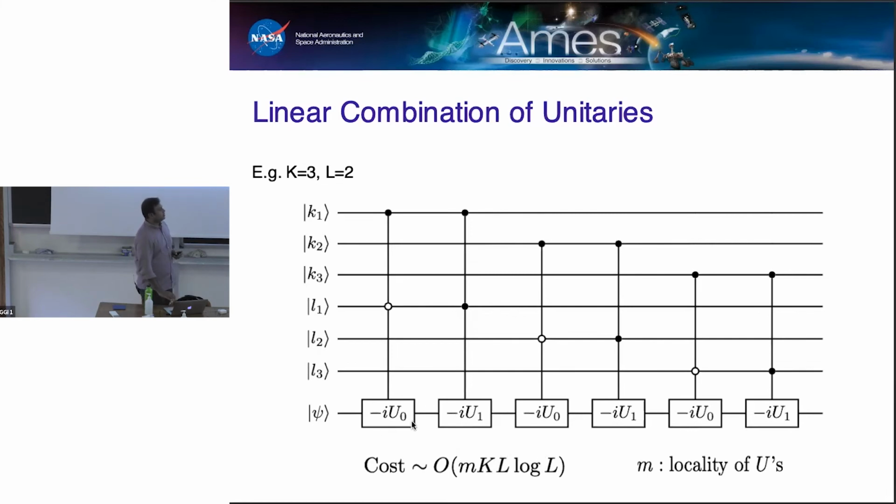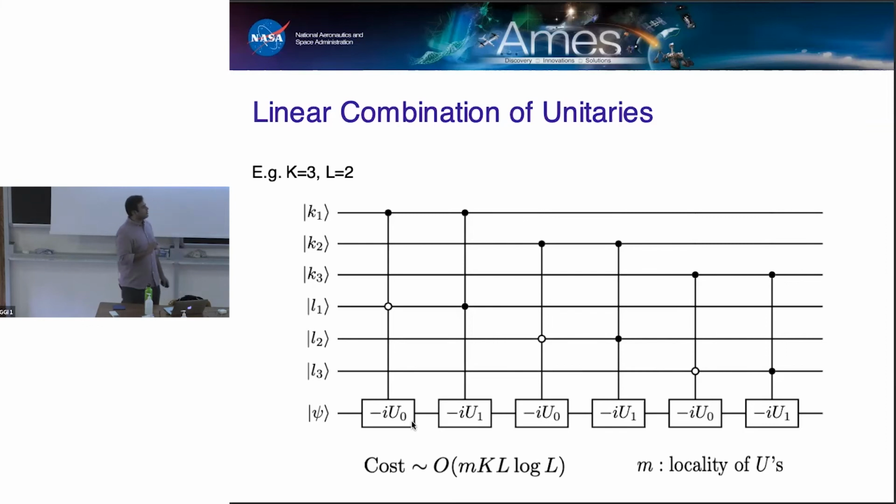And now finally, these U_i's themselves could be some M-local Pauli operators, in which case the cost of actually implementing that also gives us a prefactor of M. I'm going to suppress that in later slides, but I just wanted to mention that the locality also makes its appearance in this manner.